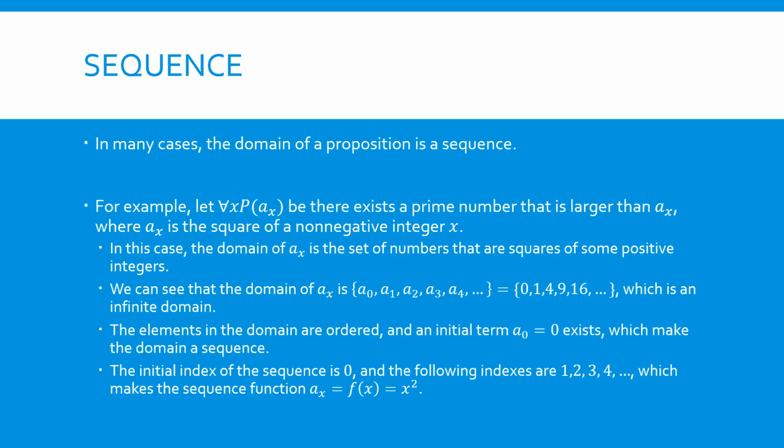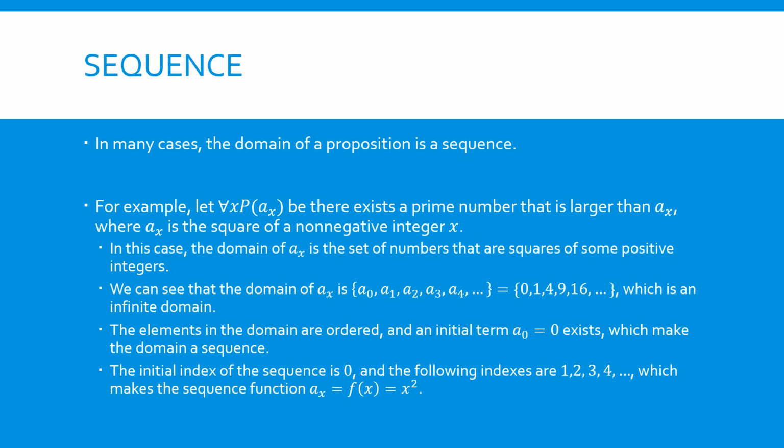In many cases, the domains of propositions can be sequences. For example, consider the proposition: for every non-negative integer x, there exists a prime number that is larger than x squared.